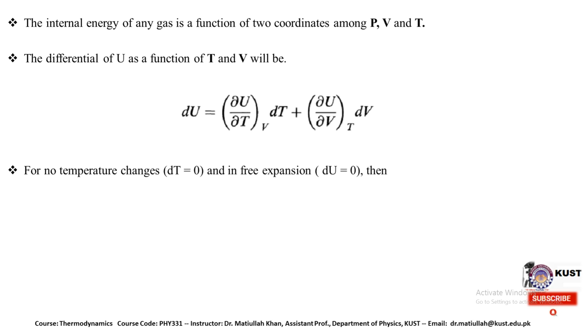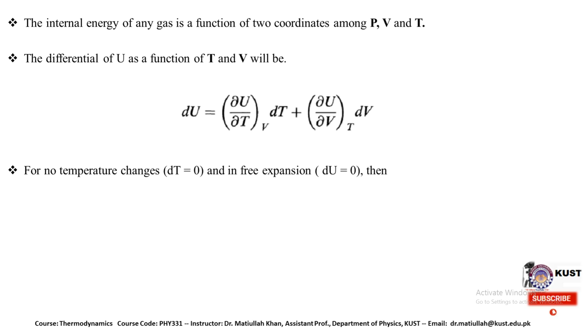So what happens if we consider that no changes occurred in the temperature? What will be the consequences? The dT term will be equal to 0, and the change in internal energy will also be equal to 0.